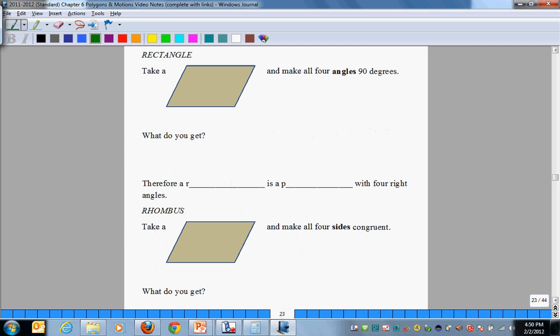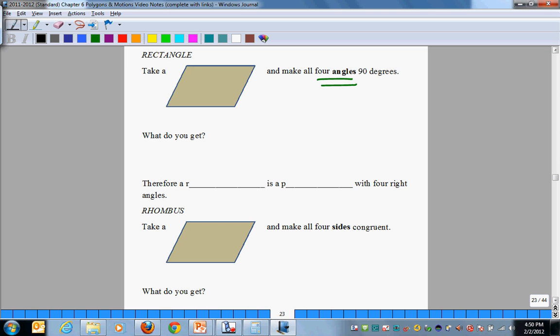So I want you to imagine here, if you were to take a parallelogram and make all its corner angles 90, what shape would you get? If you said rectangle, you are correct.